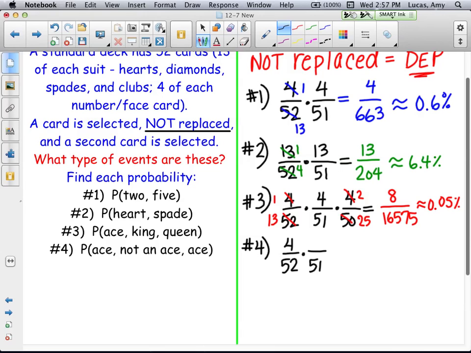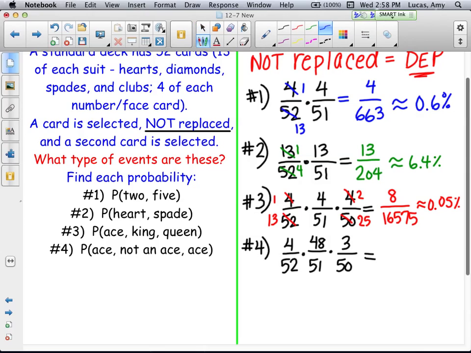Then the rest of those cards are not aces. So that means 48 out of 51 cards that are left in that deck are not aces. All right, then there are 50 cards left, and 3 of them are aces because my first card was also an ace, so there are only 3 aces left.